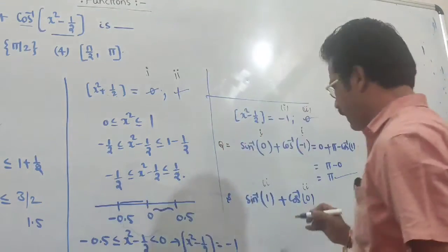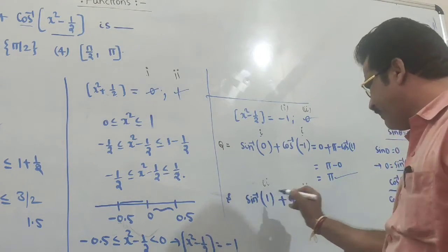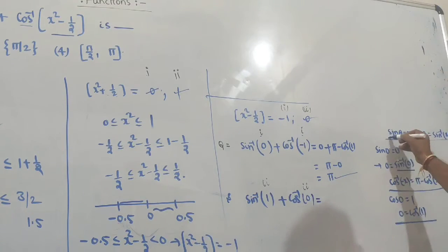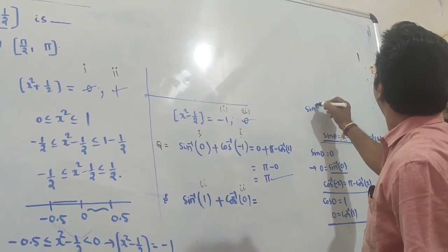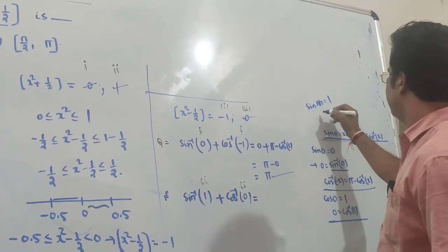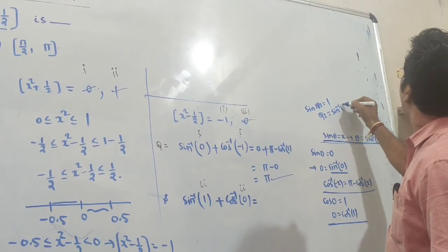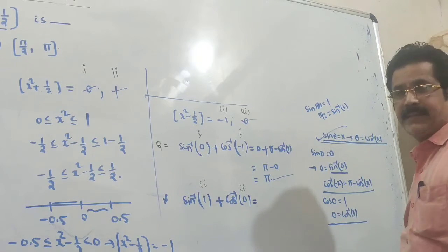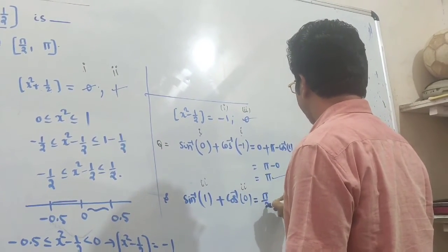Next, sine inverse of 1. Sine 90 degrees equals 1, so 90 degrees equals sine inverse of 1. Its value is pi by 2.